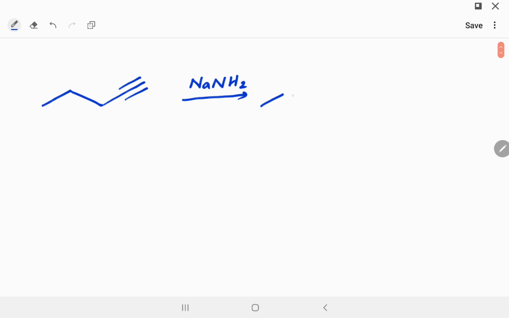If you use that, we are deprotonating our alkyne, forming an acetylide anion. Then if you treat it with an alkyl halide, we want a primary alkyl halide. So here is our primary alkyl halide.